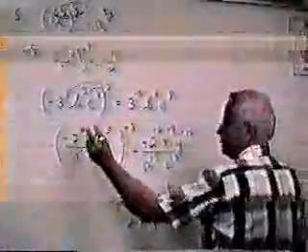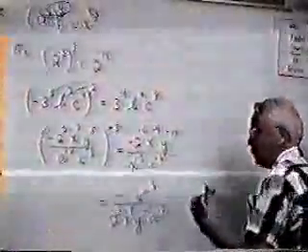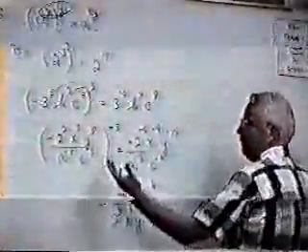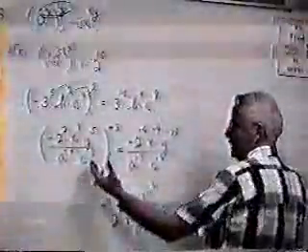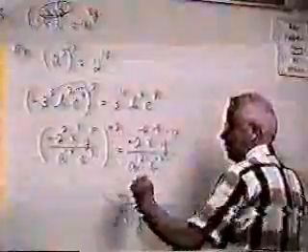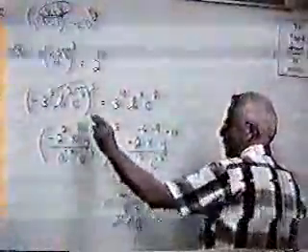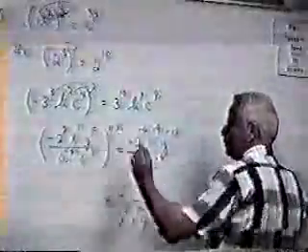Have all of this raised to the minus 3 power. Well, if we used our rule that we had before, Rule 4, I could say 1 over all of this to the plus 3 power, and that would work.